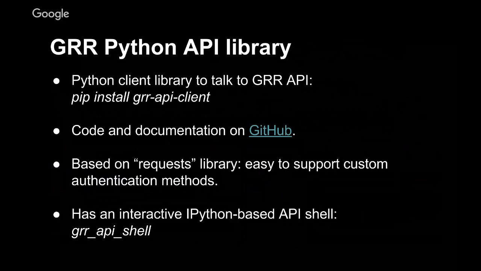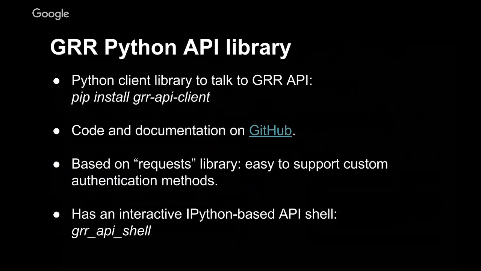The important point is that the Python API library is based on the Python requests library, and so it's very easy to support custom authentication methods. The requests library has a simple plugin-based system that allows developers to implement various authentication methods. It also has, for example, OAuth authentication already implemented.